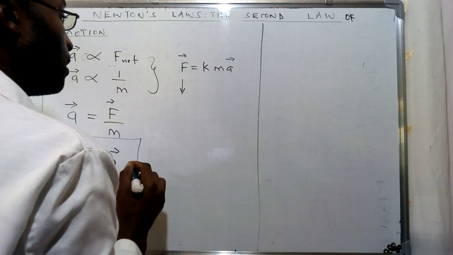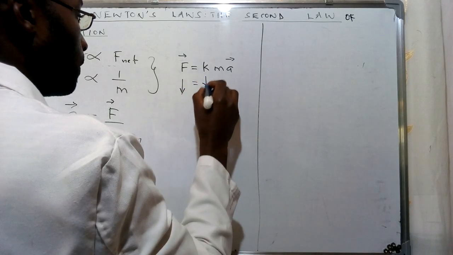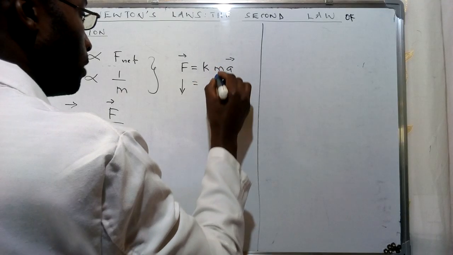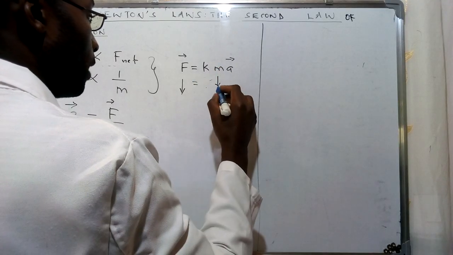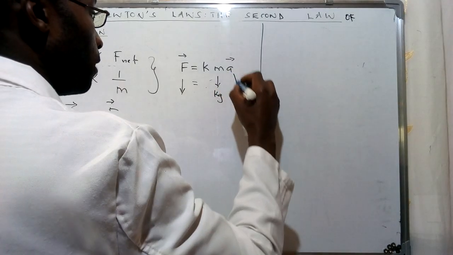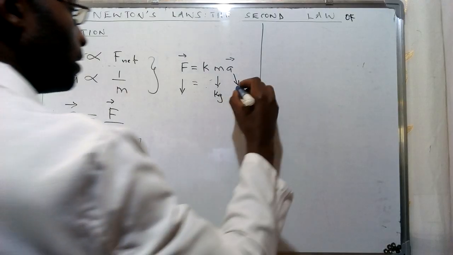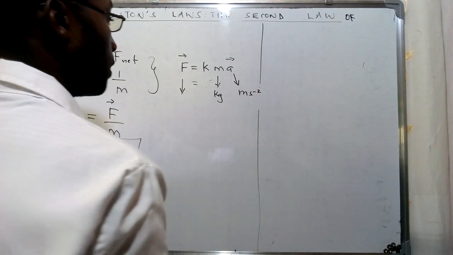We have these two variables of force and mass, whereby we have mass measured in kilograms, and then acceleration given in terms of meters per square second.